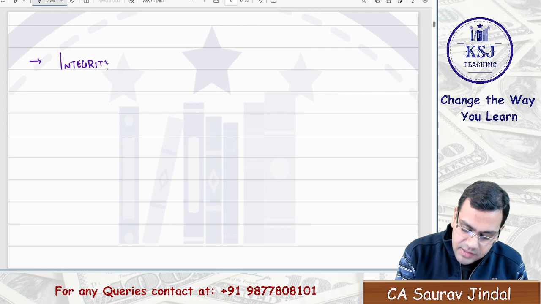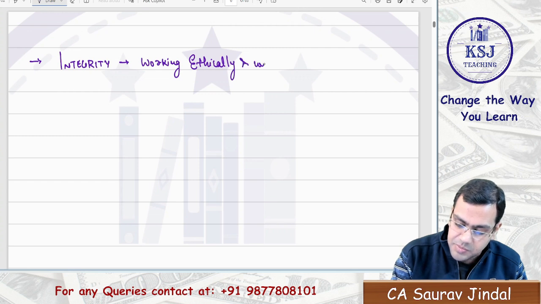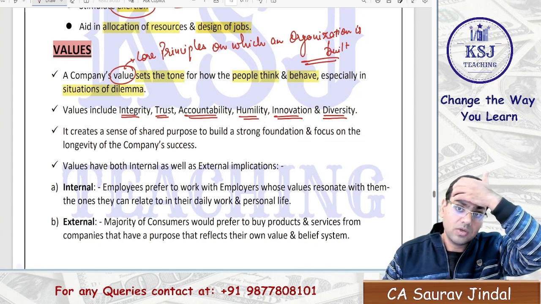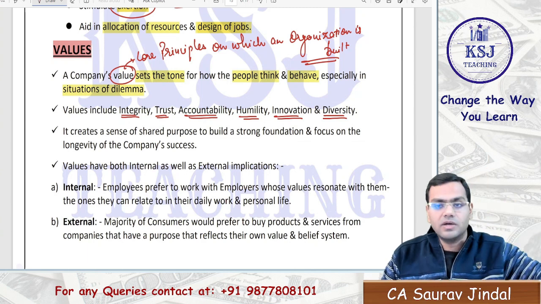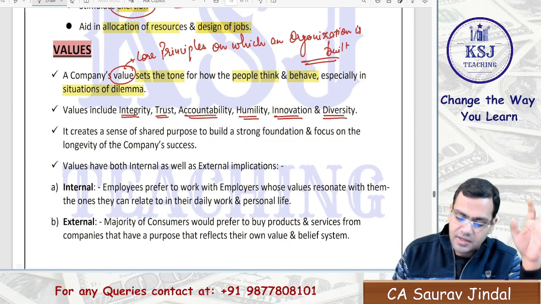Integrity is working ethically and with transparency. We are not going to hide anything from the people, and whatever actions we take are going to be ethical and in accordance with the laws that are in place.